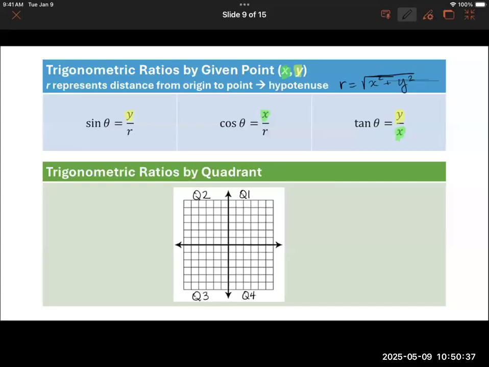In quadrant 1, we have positive x values and positive y values. In quadrant 2, our x's are negative, our y's are still positive. In quadrant 3, both x and y will be negative. And in quadrant 4, our x is back to being positive, but our y is still negative.